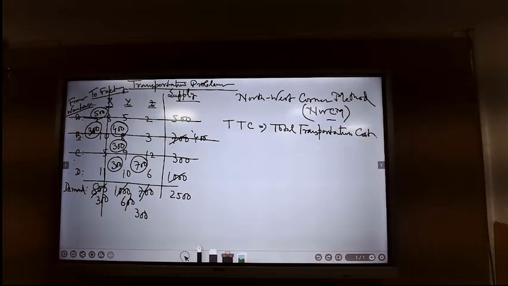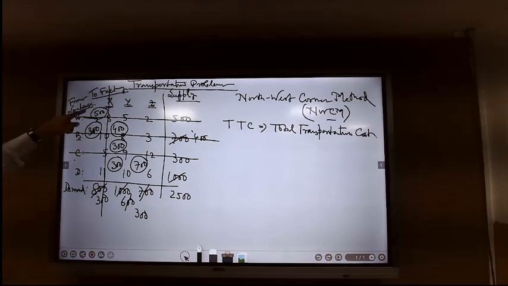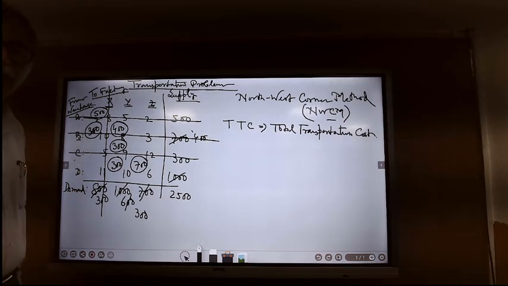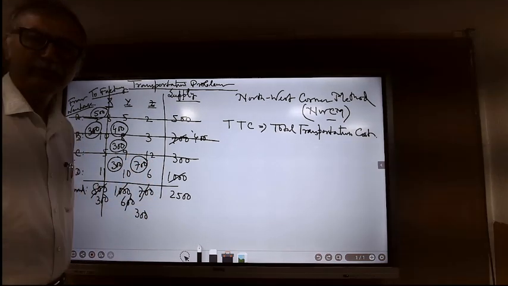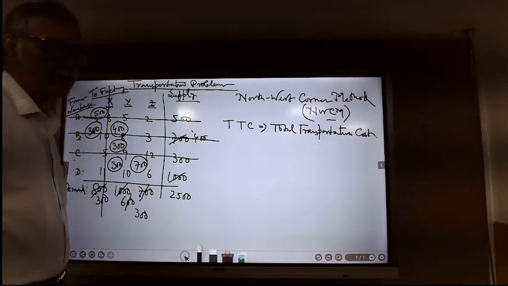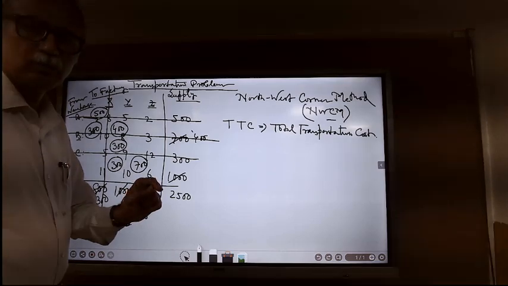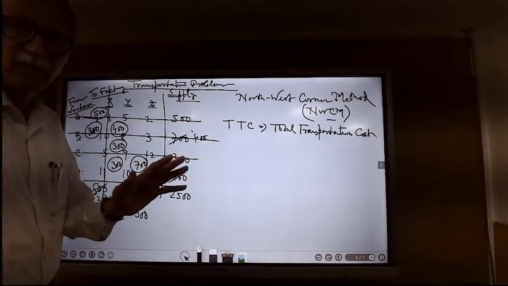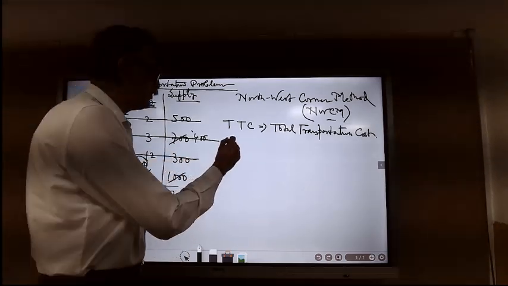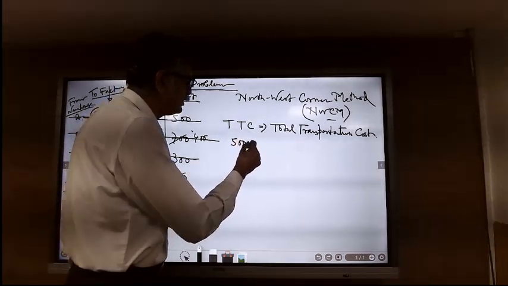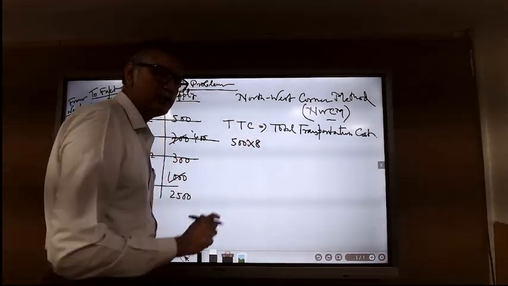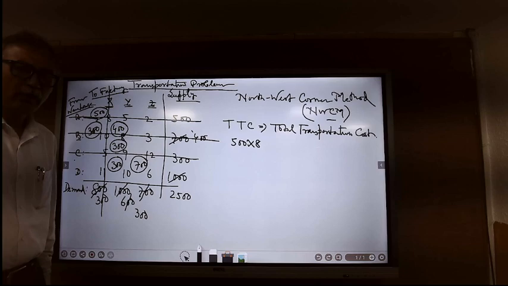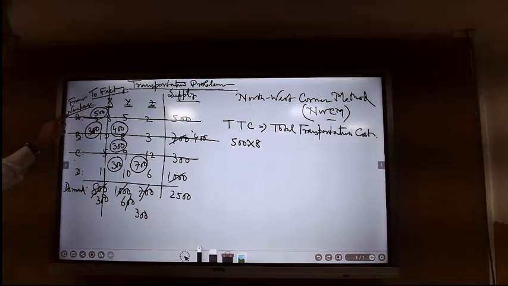How to find it? 500 units we are dispatching from A to X. And what is the unit cost of transportation? 8 rupees. So per unit we spend 8 rupees and we are dispatching 500 units, so 500 units into 8 rupees. That would be the total transport cost for dispatching materials from A to X.